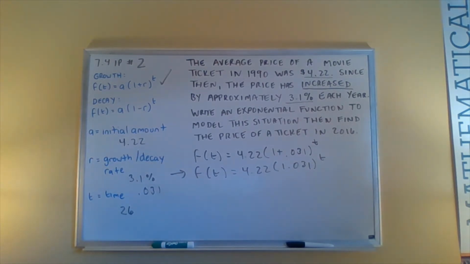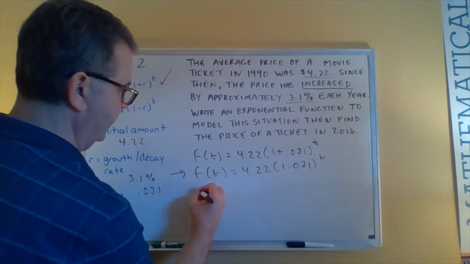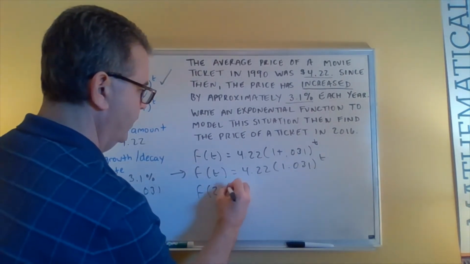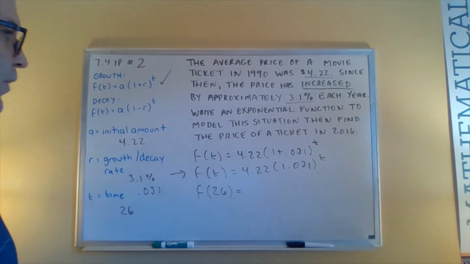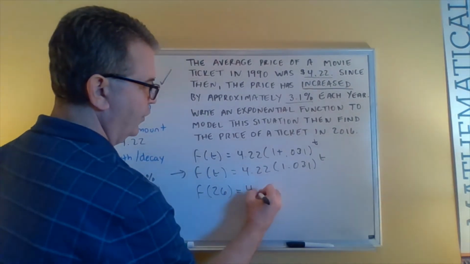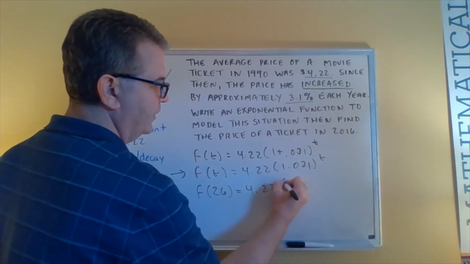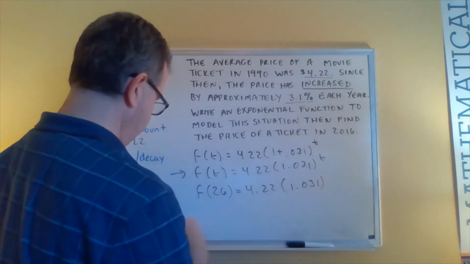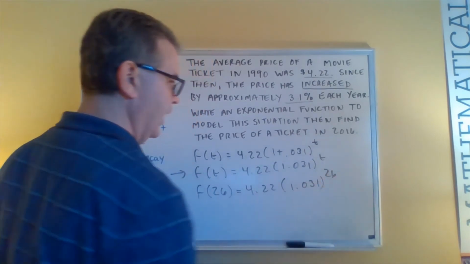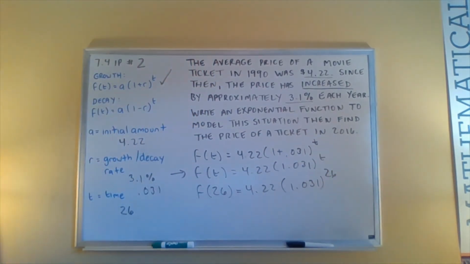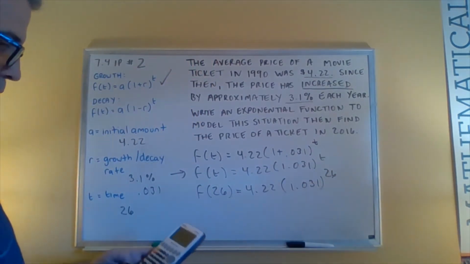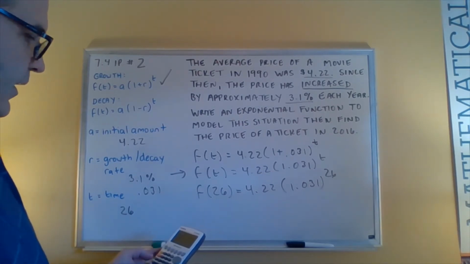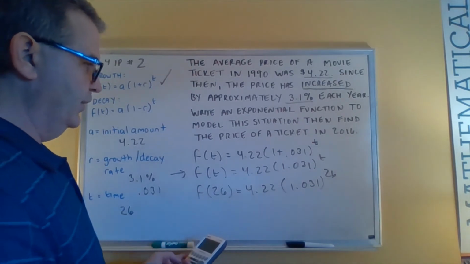Now we need to find the price of a ticket in 2016. So we're going to find f of 26. That's the price of the ticket after 26 years. Our starting point was $4.22. We multiply that by 1.031 raised to the 26th power. I'm going to grab the calculator and do the math here. 1.031 raised to the 26th power gives us 2.2117.